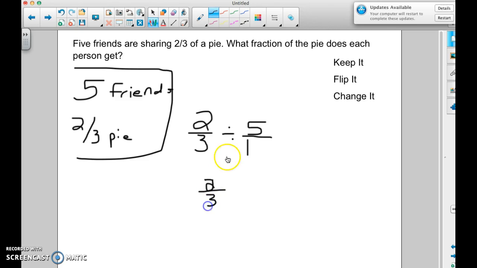Sorry. I'm going to change my operation from division to multiplication. I'm going to give the reciprocal or the flip of this over 5, and I get 2/15. Not getting a whole lot of pie, are they? If I divide a pie into 15 slices and I get 2 of those, not a lot. It's better than no pie, though, right? Yeah. All right, we'll keep moving on.